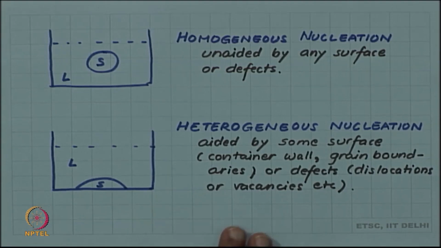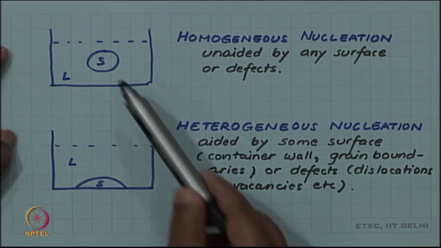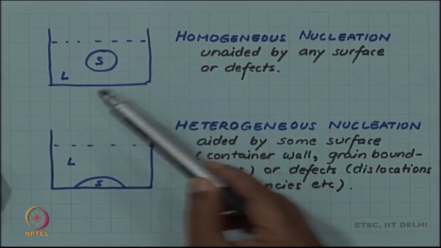So, this kind of nucleation is called heterogeneous nucleation, and it is a more common kind of nucleation. Mostly, for example, in this situation itself, you can see in case of solidification, it is quite likely that nucleus will form at the container wall rather than totally inside the liquid.